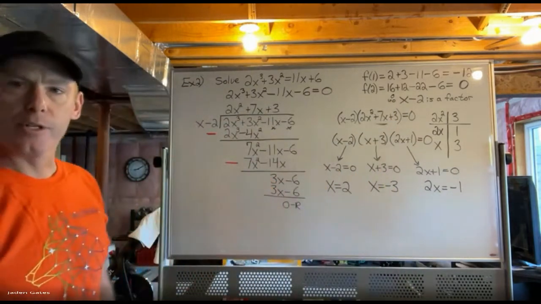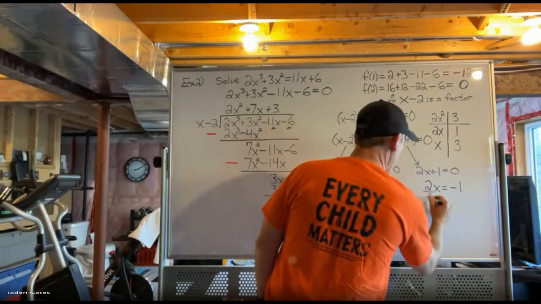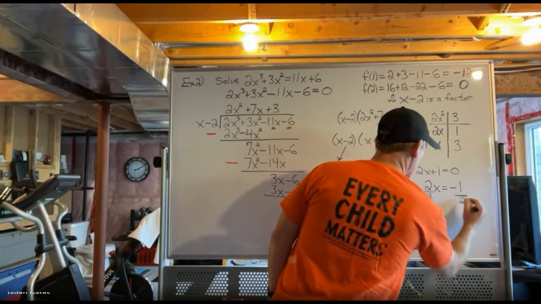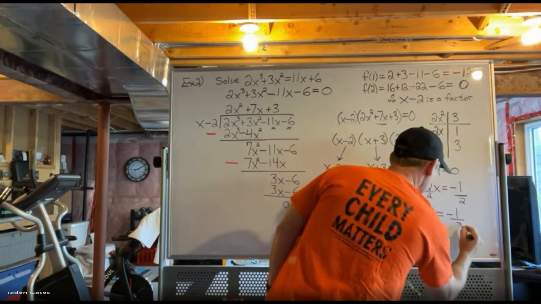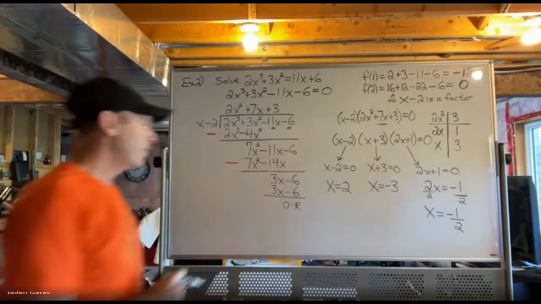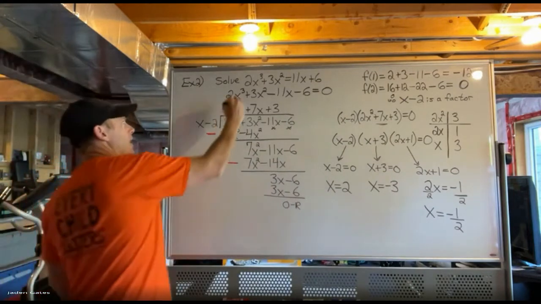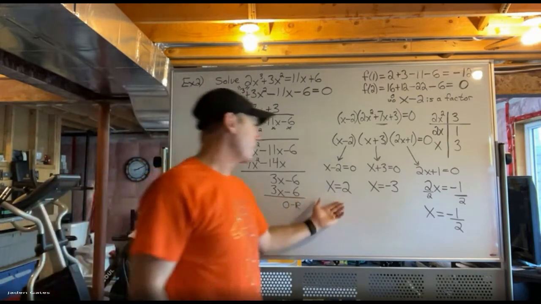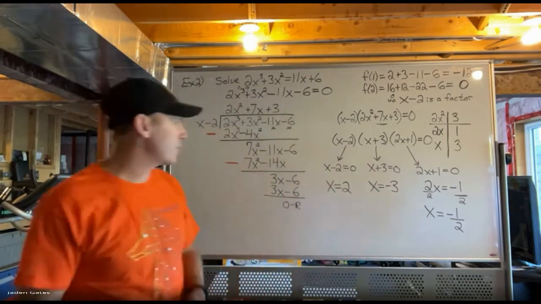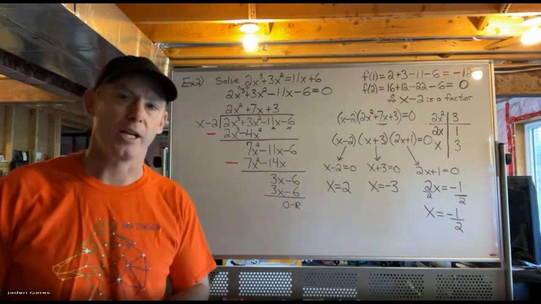That's not done yet because I have to get x by itself, so I'm going to divide both sides by 2. And it looks like my other answer is x equals negative 1/2. Again, this is a case where we had a degree 3 polynomial, and we got 3 different answers: x equals 2, x equals negative 3, and x equals negative 1/2.